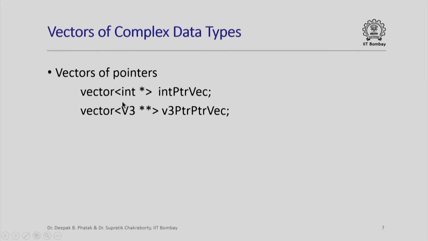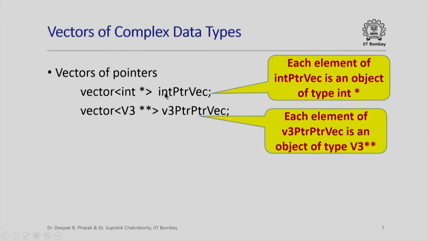We could also have vectors of pointers because indeed pointers are legitimate types. So here I have intPointerVec, and each element of intPointerVec is an integer pointer, and here I have another vector called V3PointerPointerVec, and each element of this vector is going to be of type V3**, that is a pointer to a pointer to V3.